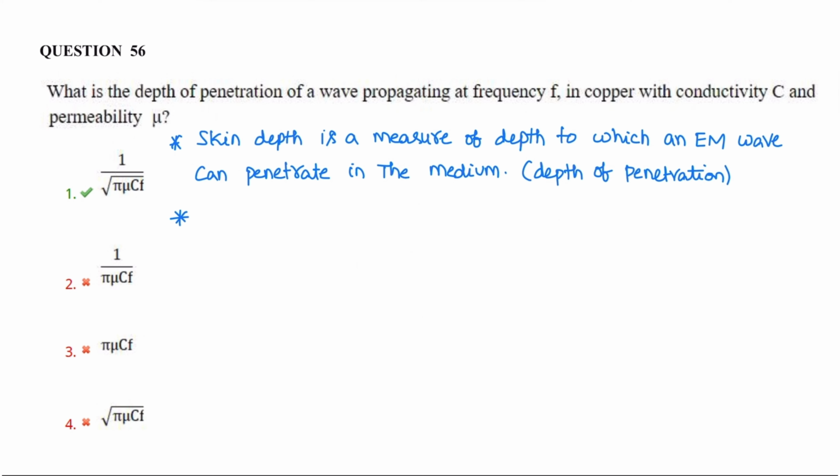Next question. What is the depth of penetration of a wave propagating? They have asked the formula for skin depth.